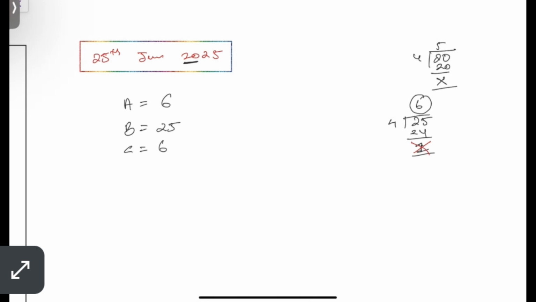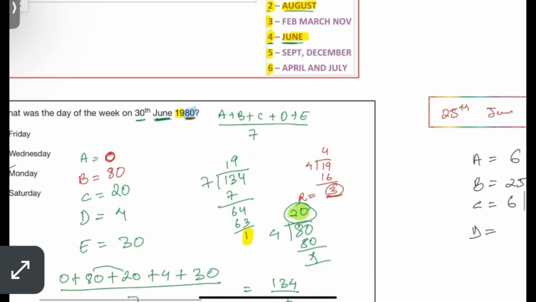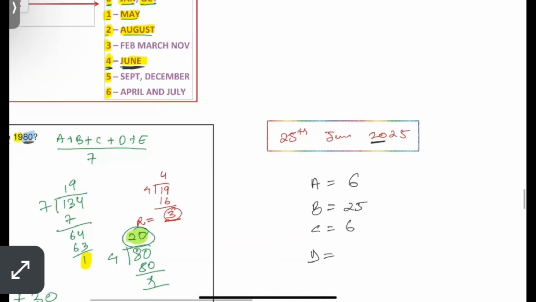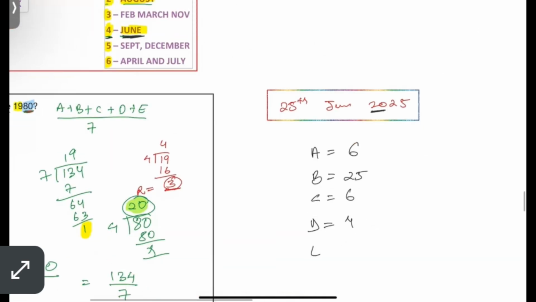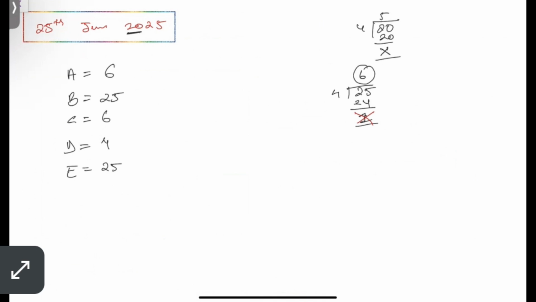Next is D, the month code. It's the same because it's in the month of June here. June's month code is 4, and E is today's date, which is 25. So let's find the sum: A plus B plus C plus D plus E divided by 7.